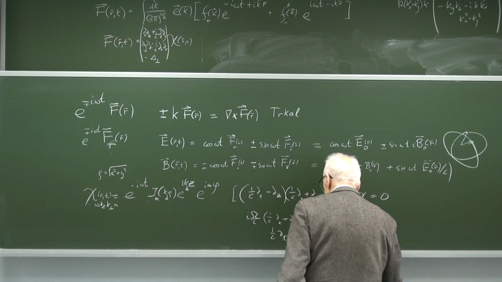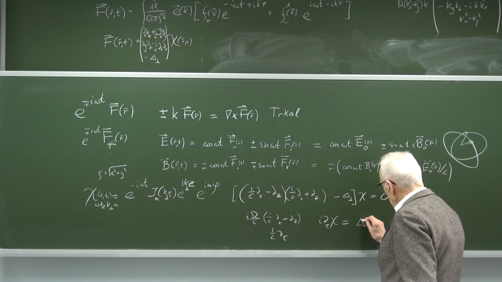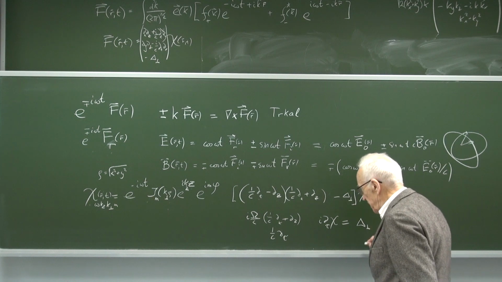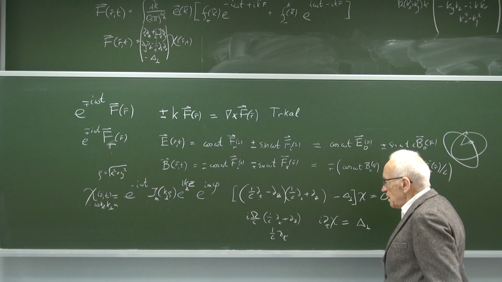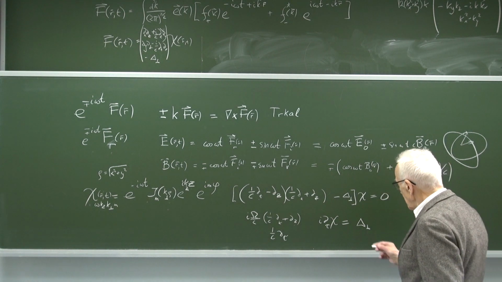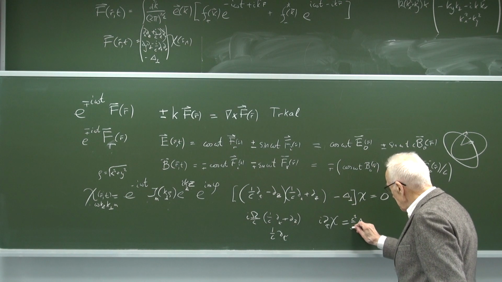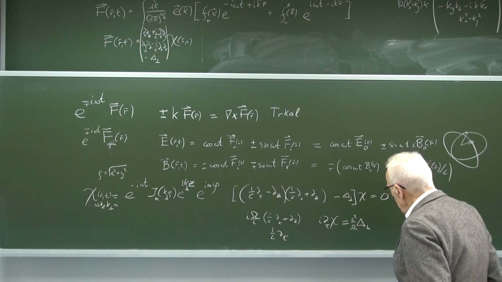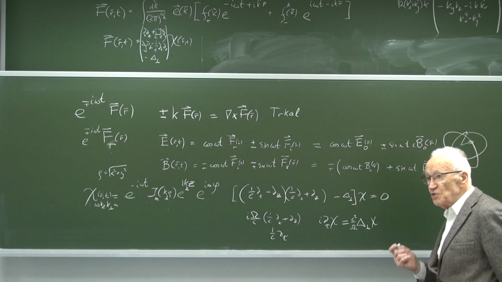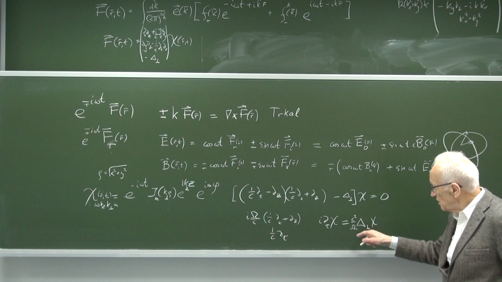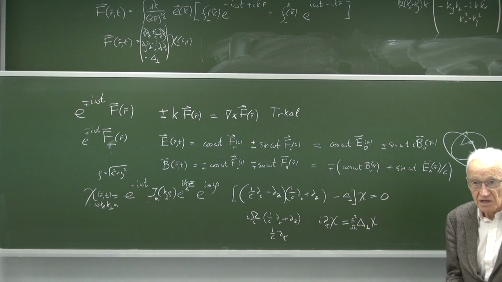And on the right-hand side, I have the perpendicular part of the Laplacian, and I have c squared in the numerator and omega in the denominator. This is precisely the Schrodinger equation with some identification of this coefficient, in 2 dimensions.